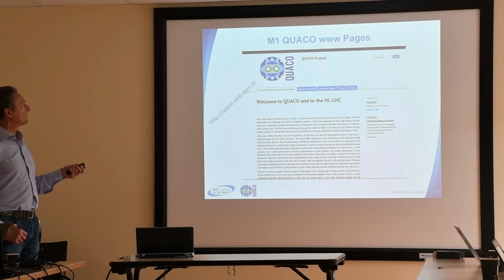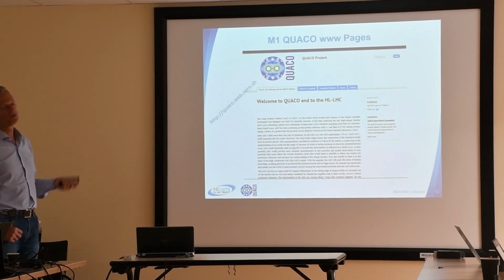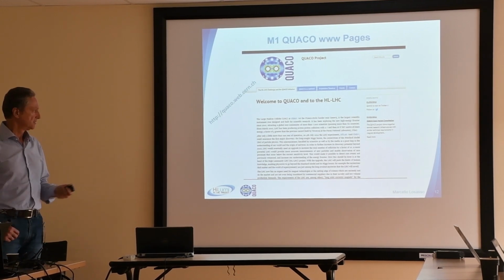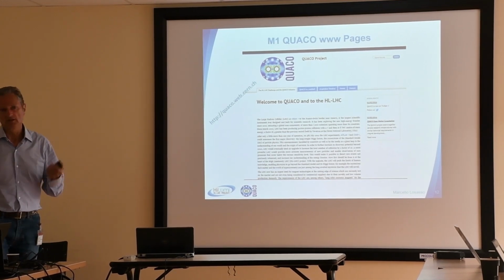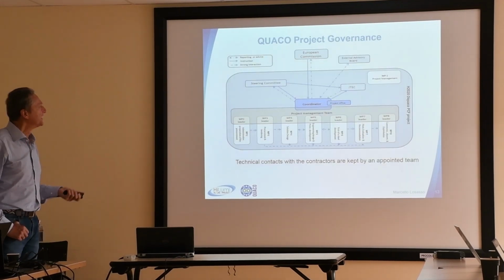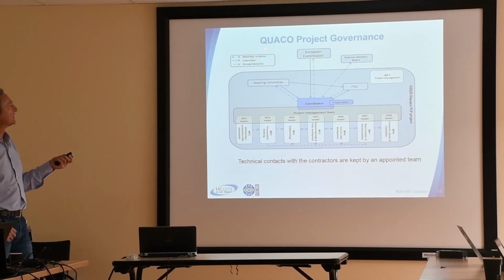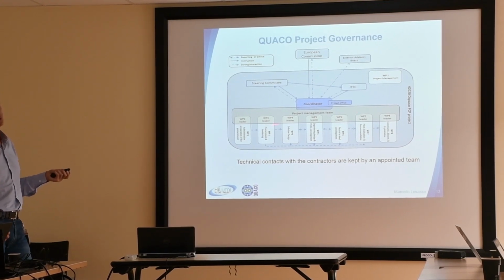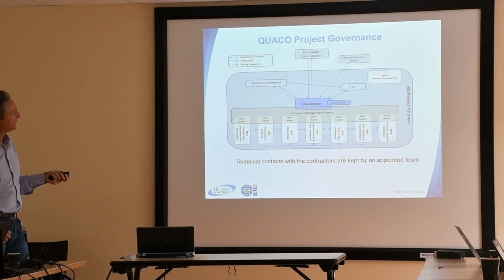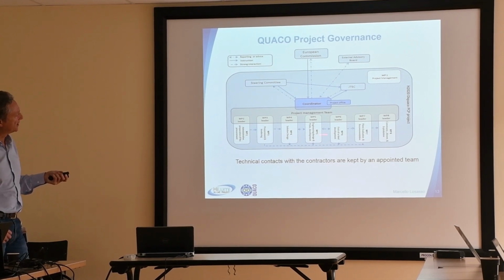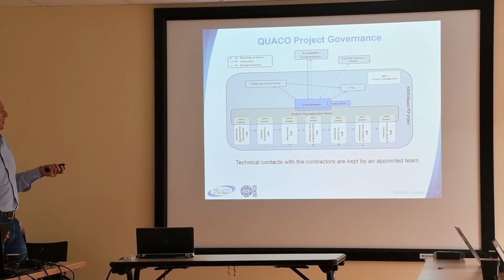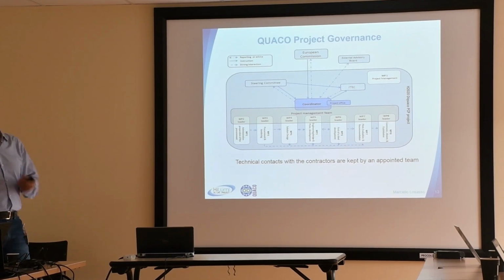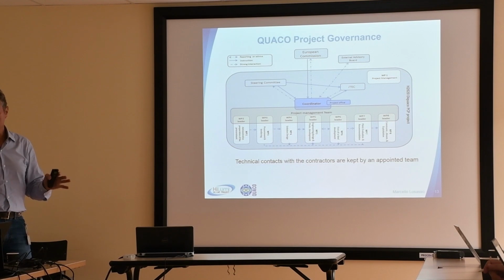So you have to have a web page. That's something normal. This is what we used. We had an 8 work package structure. This is our project governance. You can use any other.